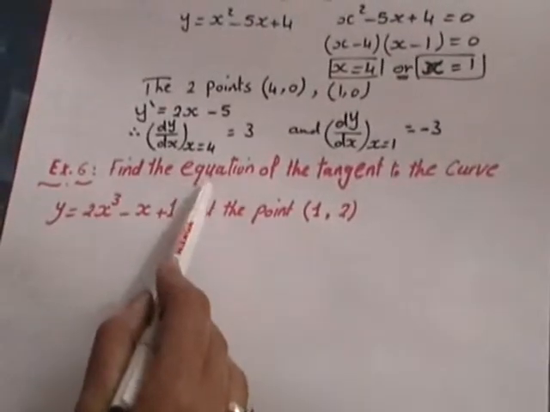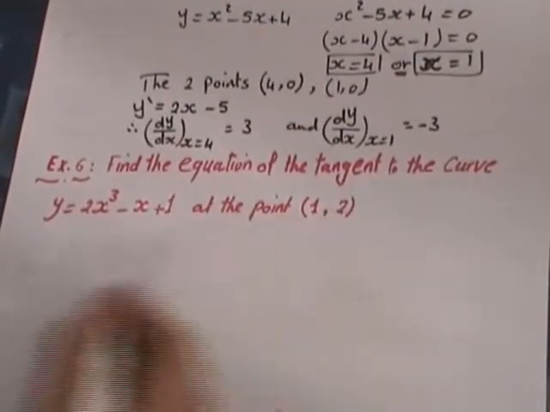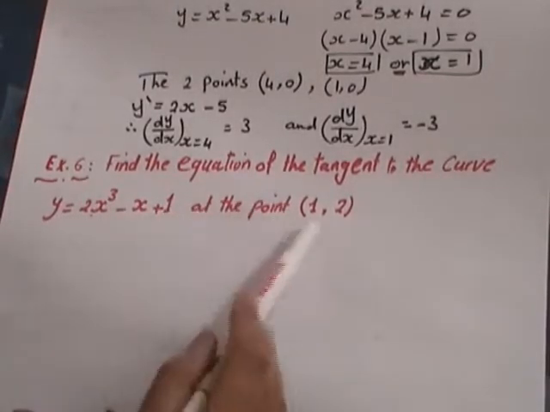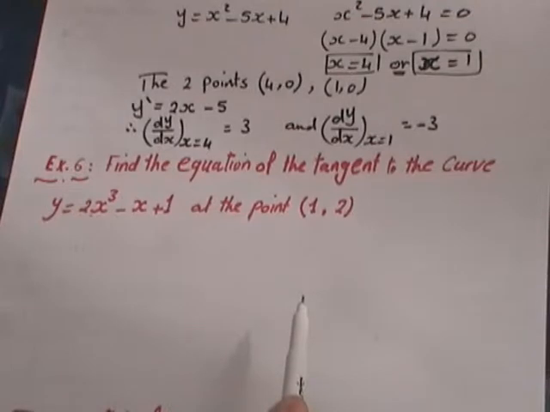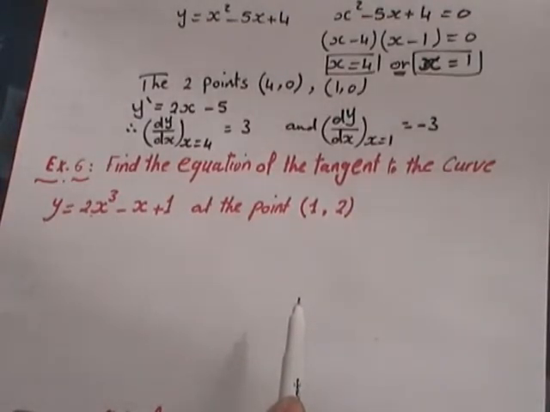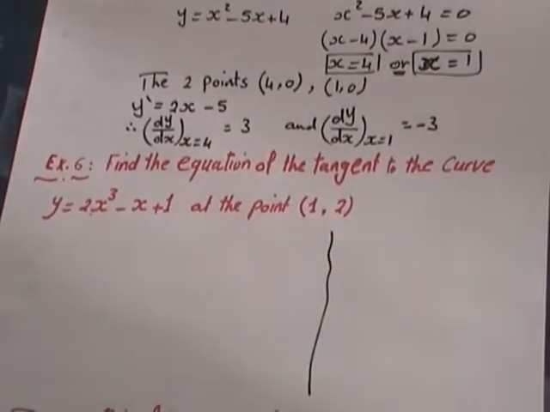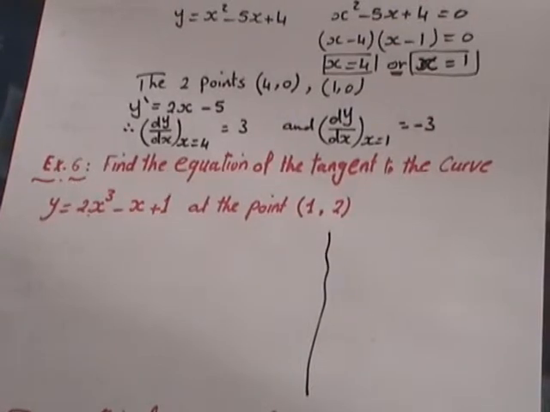Find the equation of the tangent to the curve y equals 2x^3 minus x plus 1 at the point (1, 2). He asked me to find the equation of the tangent to the curve. Do you remember the equation of any straight line?